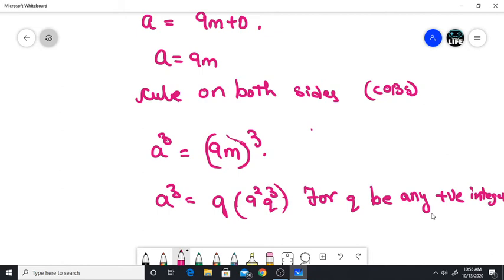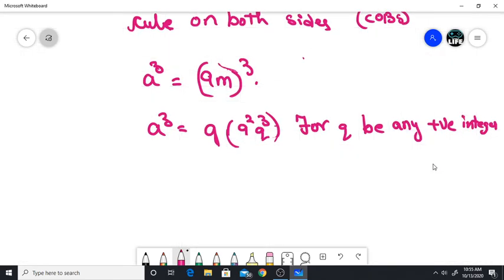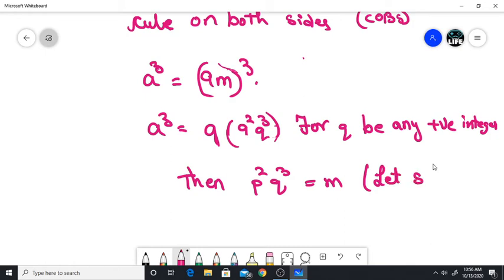For q any positive integer, then q square cube, sorry, I wrote a mistake again, then p square cube equals m. Let's say p square cube equals m. So a cube equals 9m.